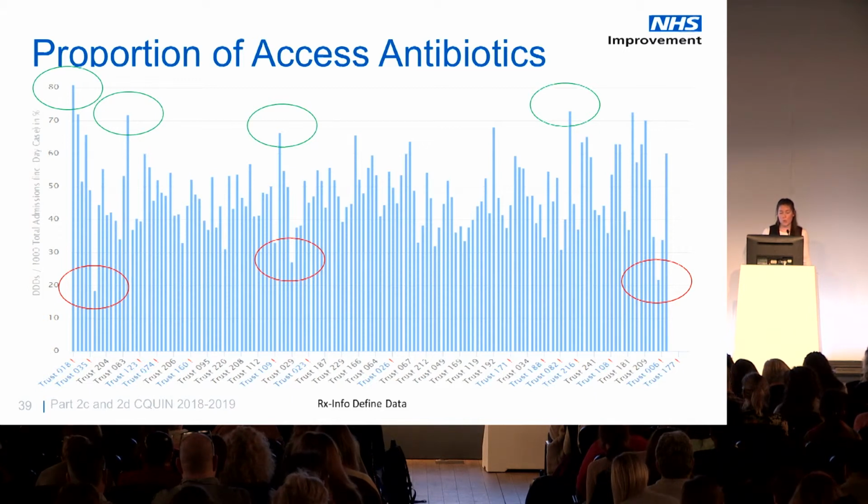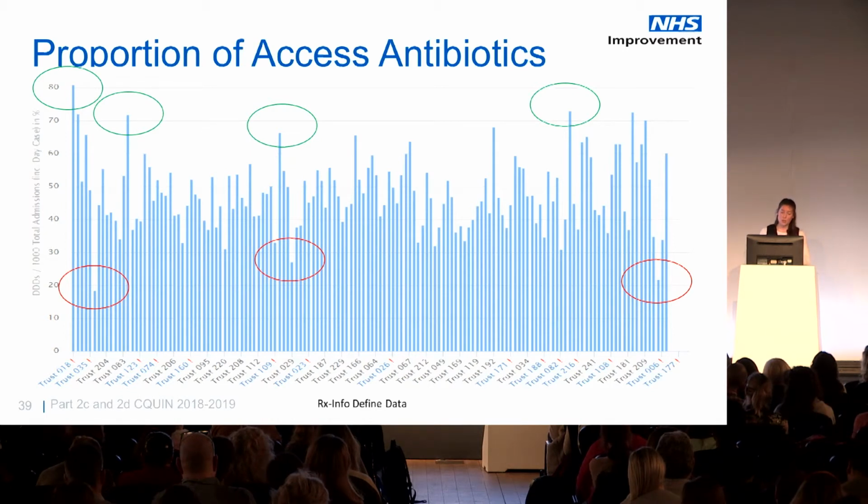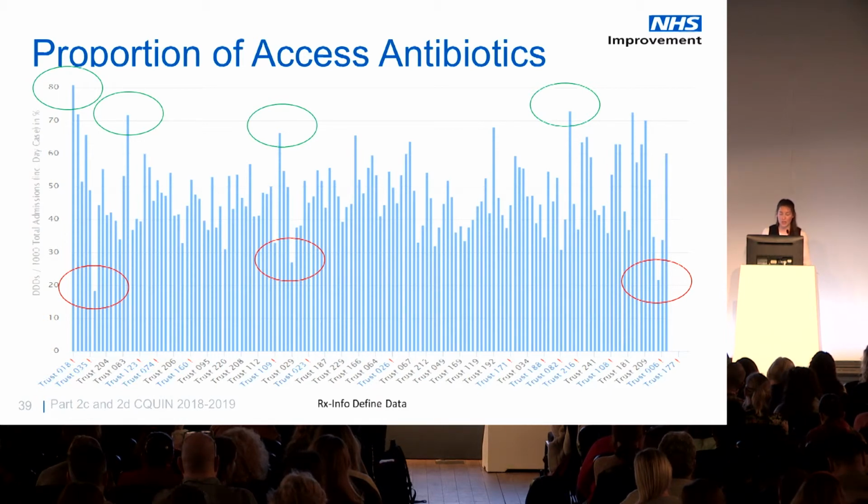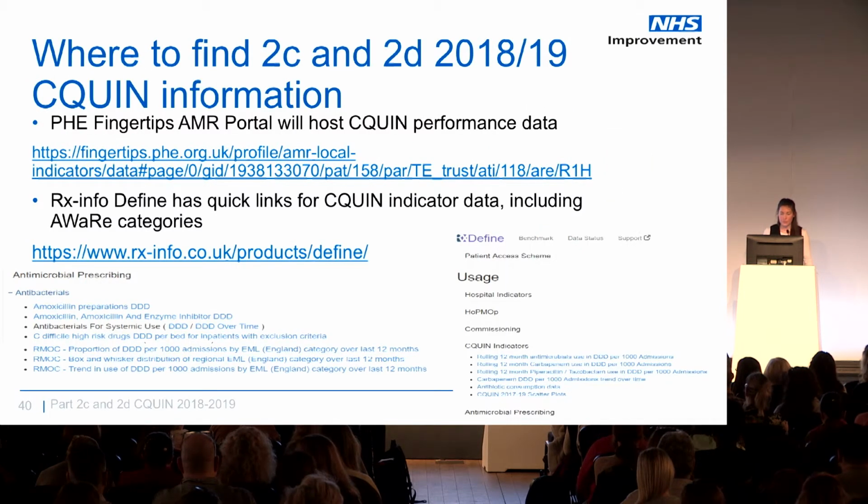And where they feature narrow-spectrum antibiotics is normally for numerous indications, but for example, hospitals that use narrow-spectrum treatment for sepsis are actually already meeting this part of the CQUIN. But then, however, there are other hospitals that have a long way to go.